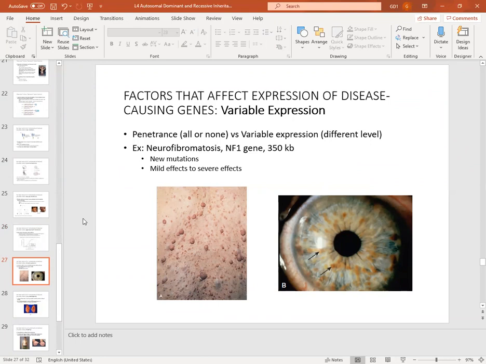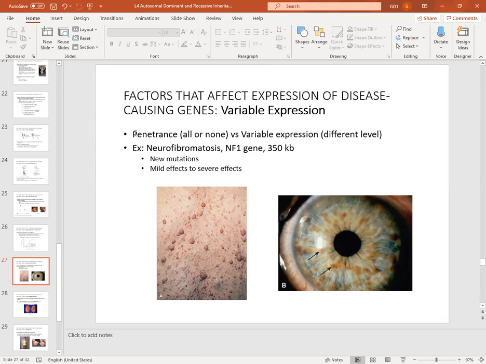It's also back to the story about dose of the protein. So based on their mutation location and the characteristics of the mutation, the expression of the protein will be changed to various levels.